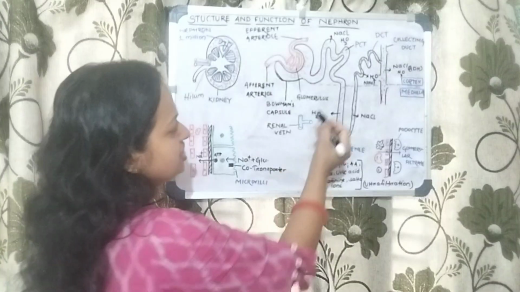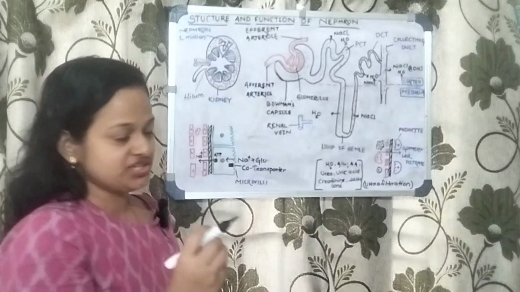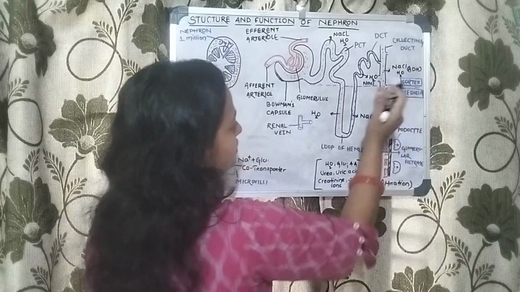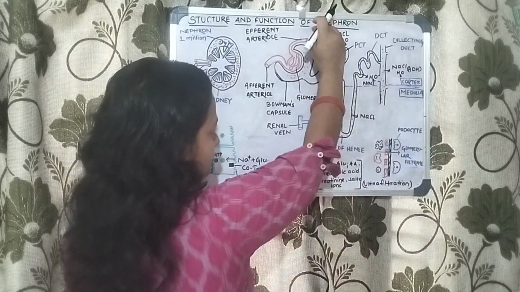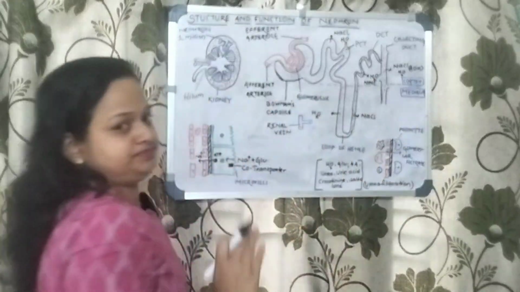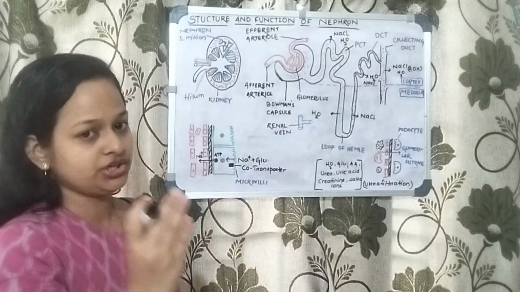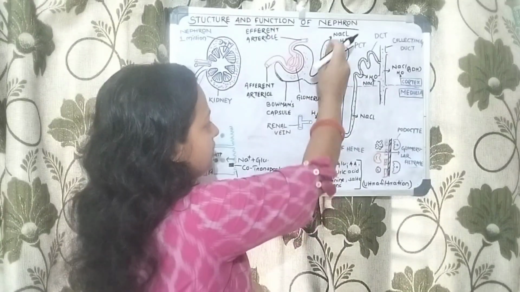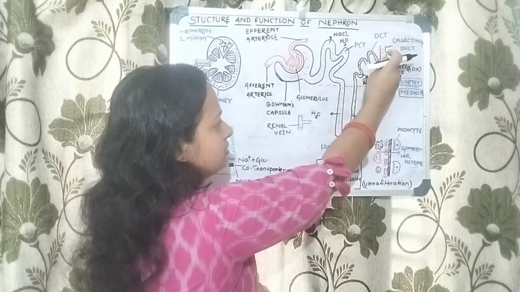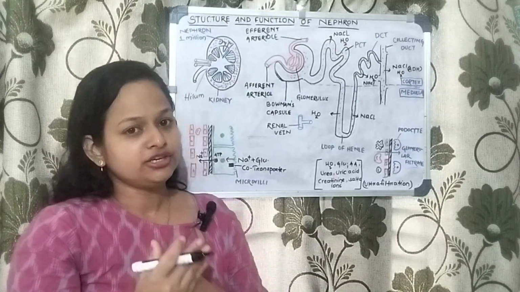Here I have drawn a dotted line, and this represents the partition between the cortex and the medulla. The upper part from this dotted line is the cortex, and the lower part is the medulla. So there are three parts of the nephric tubule: the proximal convoluted tubule, the loop of Henle, and the distal convoluted tubule. Then the next part is the collecting duct.